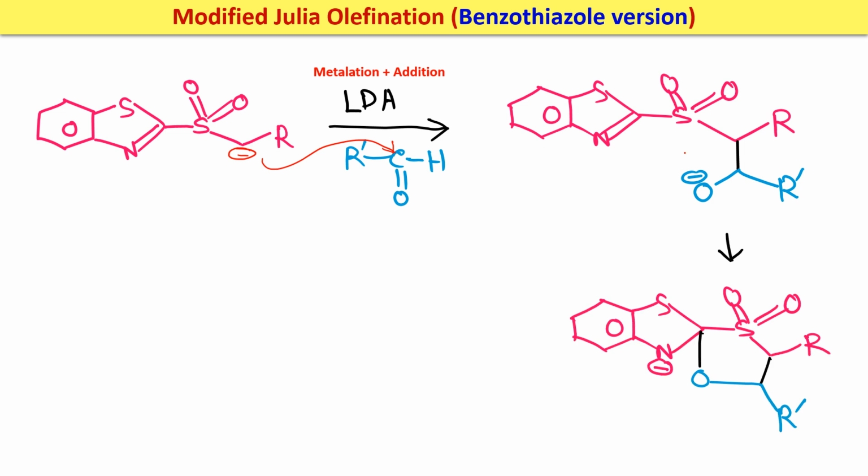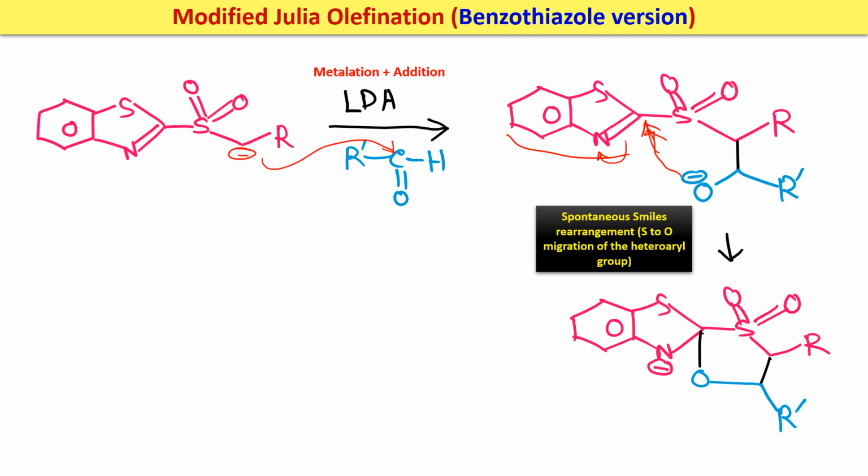So finally what is happening, we do not have any Ph group. This group is more electron deficient. So this negative charge can attack at this carbon. So this is something happening which we have not seen in the original classical Julia olefination. Now when it is attacking, there will be negative charge generation over this nitrogen, and finally this CS bond will be broken.